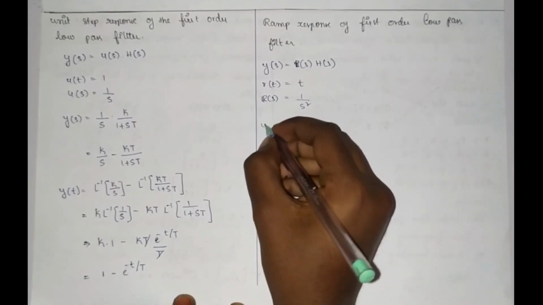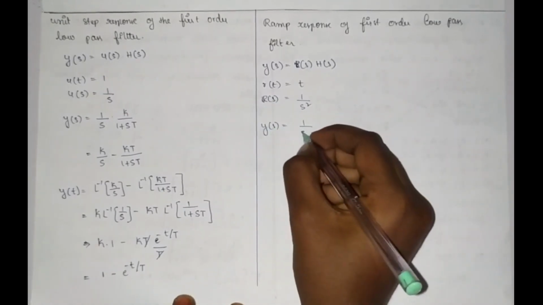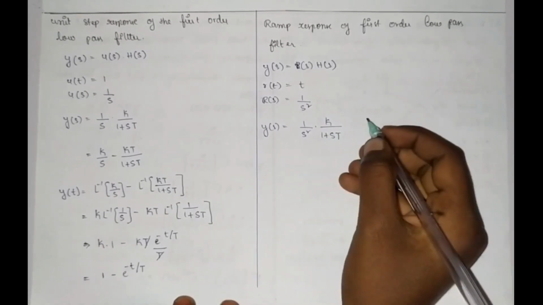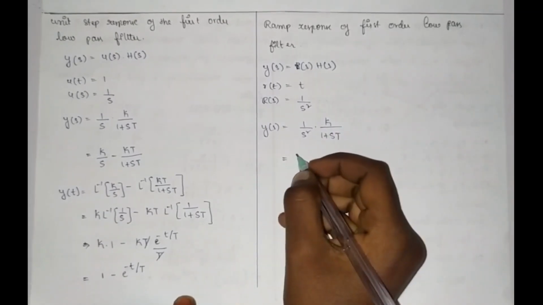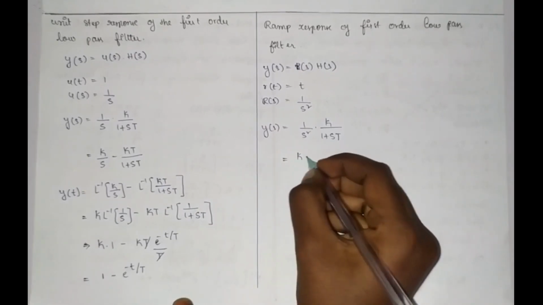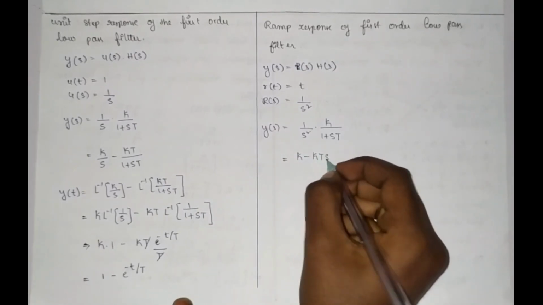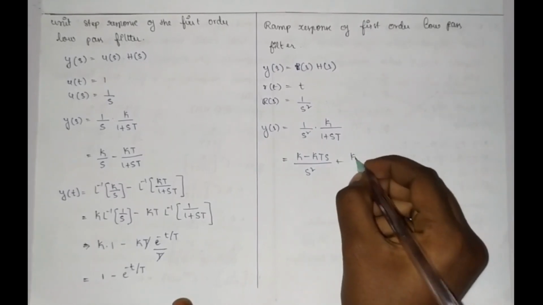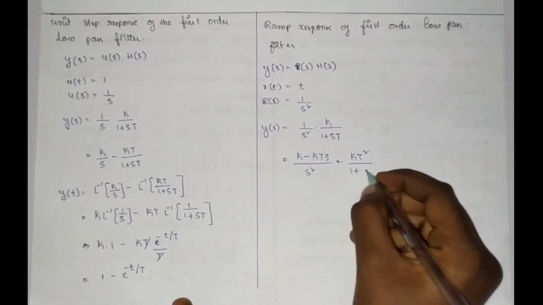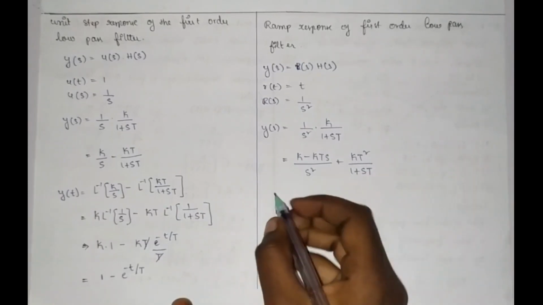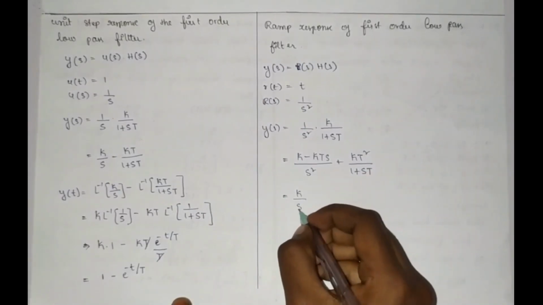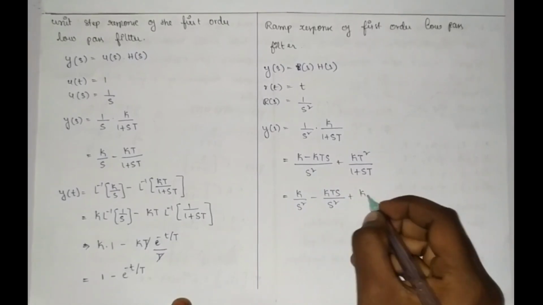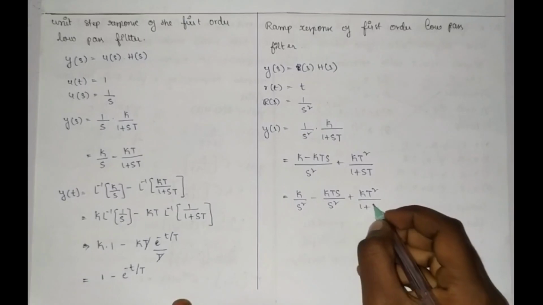So, Y of s is equal to 1 by s square into k by 1 plus st. If we apply partial fractions, it becomes k by s square minus kt into s by s square plus kt square divided by 1 plus st.